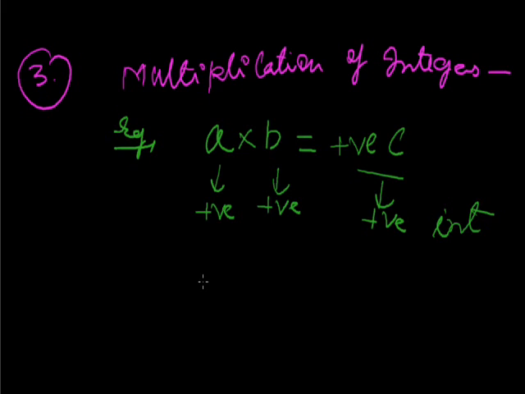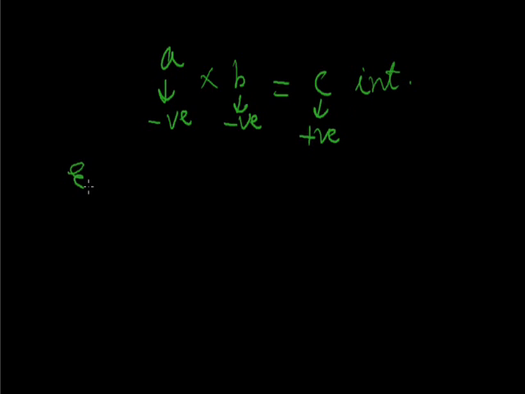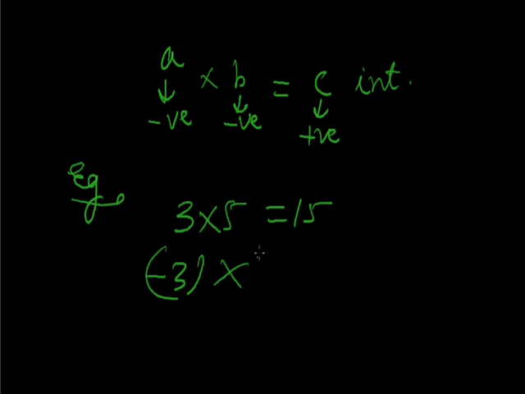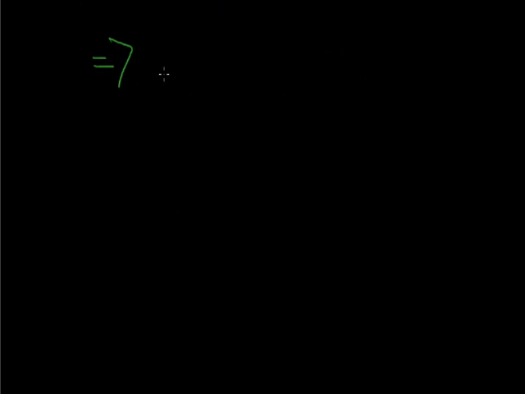And if a is negative and b is negative, then also the answer will be a positive integer. For example, 3 multiplied by 5 gives you 15, and minus 3 multiplied by minus 5 also gives you 15, which implies that the product of two integers with the same sign always gives a positive integer.